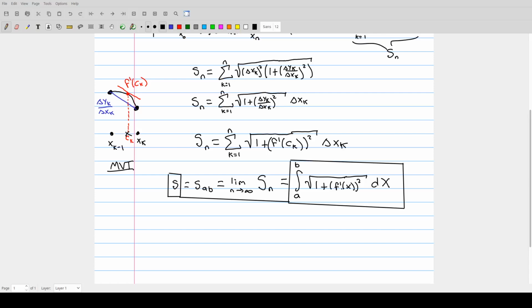So let's see this in an example. We'll do one or two examples to make sure that we're all set with using this formula.